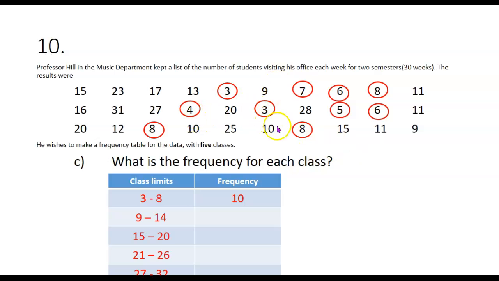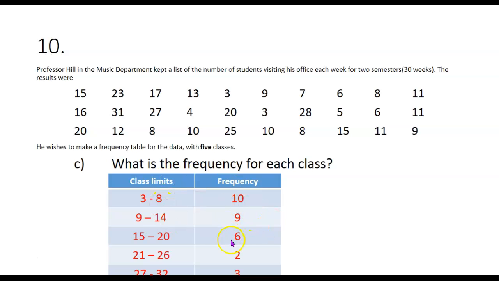I have them circled here, so you can see there are 10 of these numbers somewhere from 3 to 8, so that would be the frequency of that class. Then for the rest of them, 9, 6, 2, and 3. If you add those all up, they add up to 30, which they should, because I told you there were 30 weeks here, 30 numbers in our list of data.